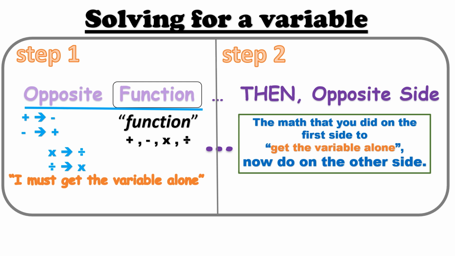I'm going to do the inverse property. If it's addition, I do subtraction. If it's subtraction, I do addition. If I have multiplication, I'm going to do division. If I have division, I'm going to do multiplication. Then I do that on the opposite side. Keep this handout because we're going to use it over and over and over again for the next several lessons.